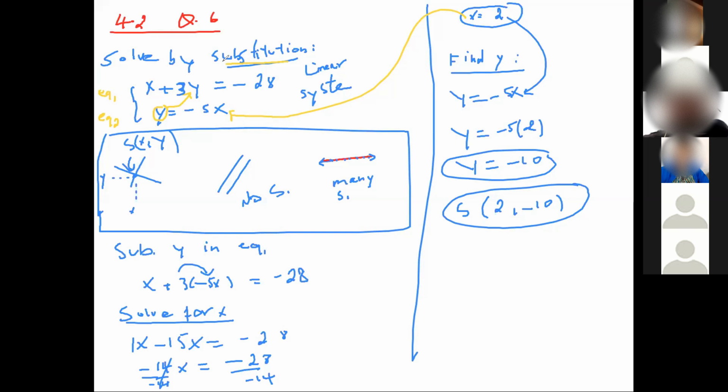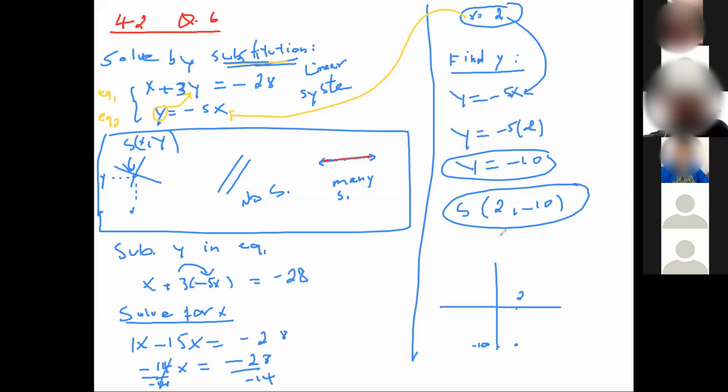Because the question said solve by substitution. If the question was solve by graphing, if you graph them, you'll see that the lines will meet at this point. Say if we had this graph, (2, -10) would be something like this. So the point is here.